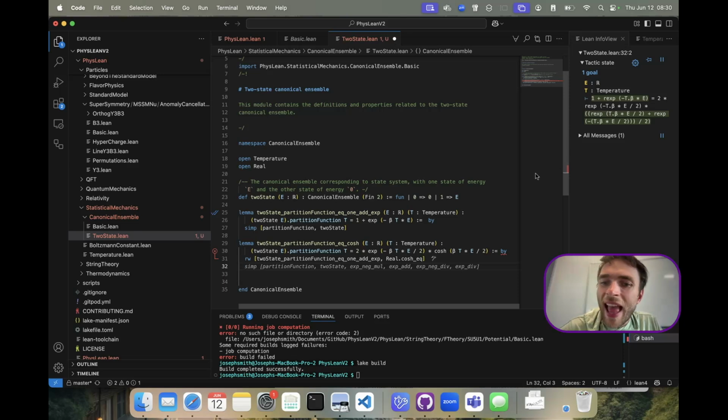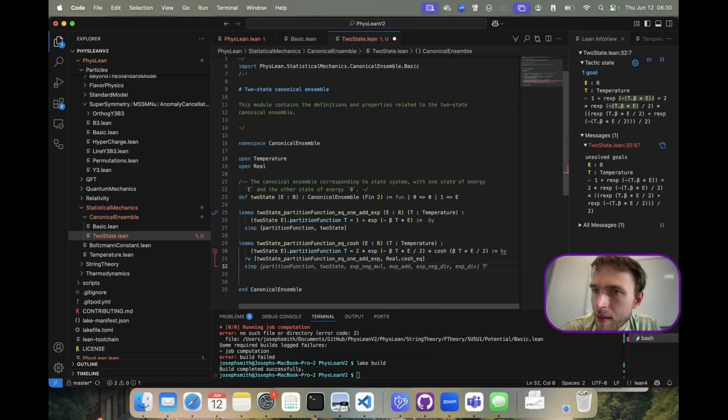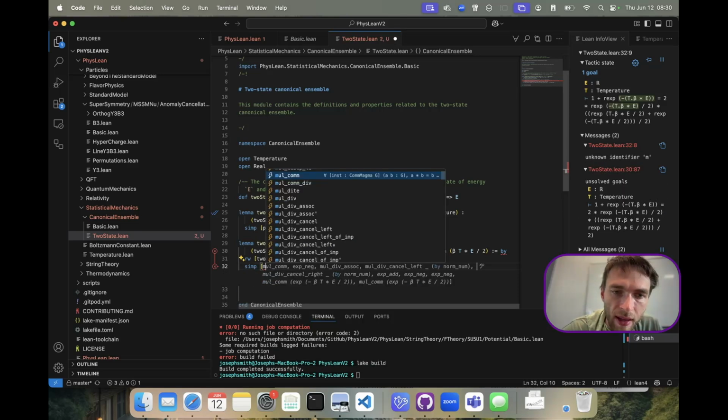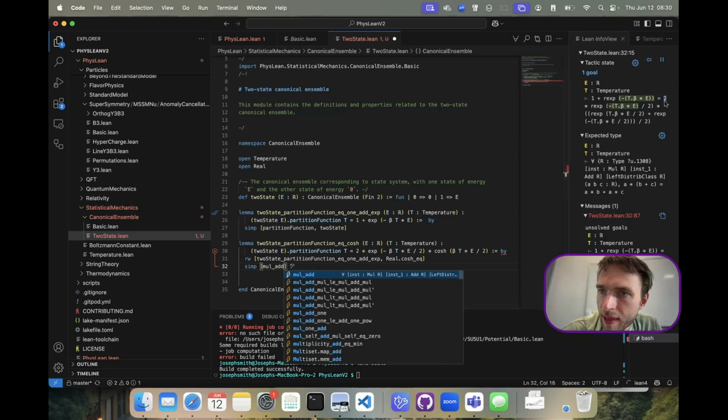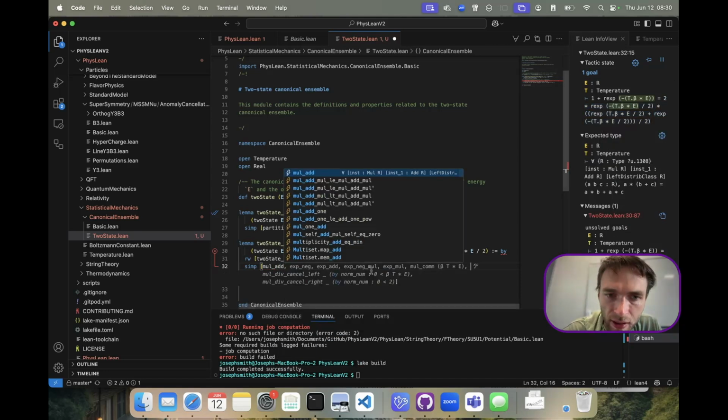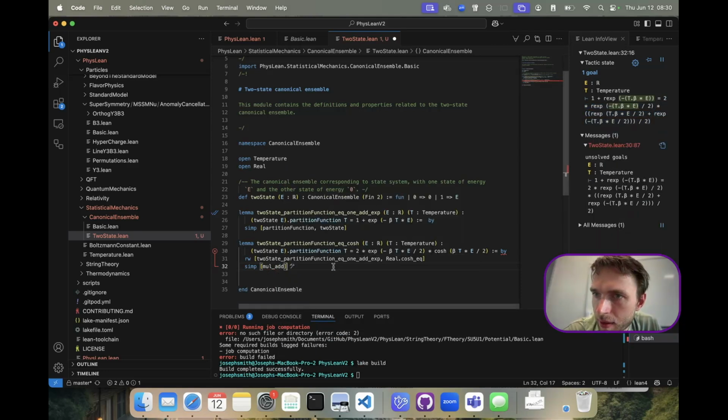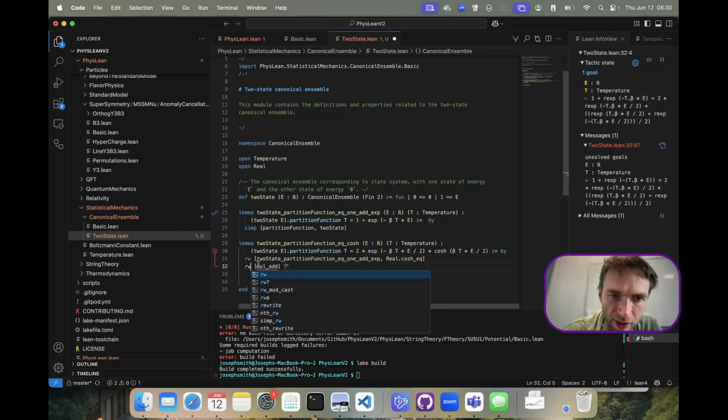Let's use a hammer. Let's do simp, see where that takes us. Didn't really help us. So let's add mul add to the simp database, because that will hopefully take this multiplication over this addition. Did that help us? No, it didn't. Okay, so let me try rewrite mul add.